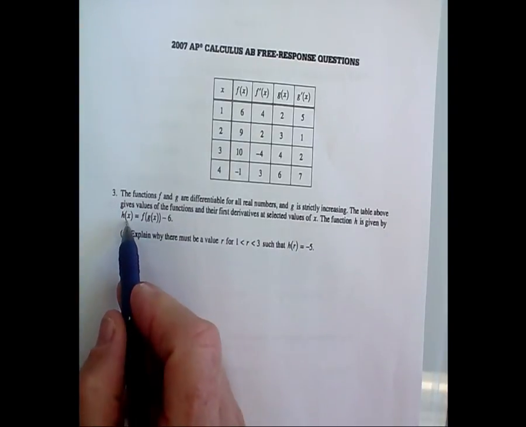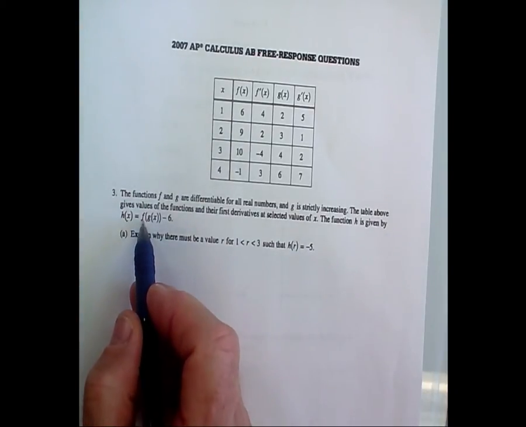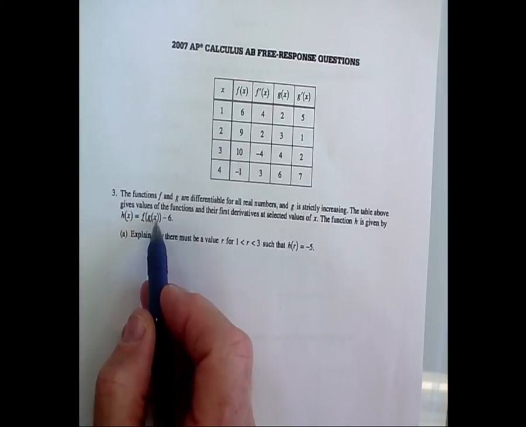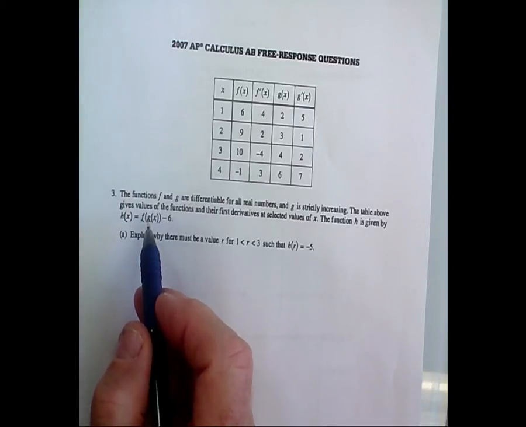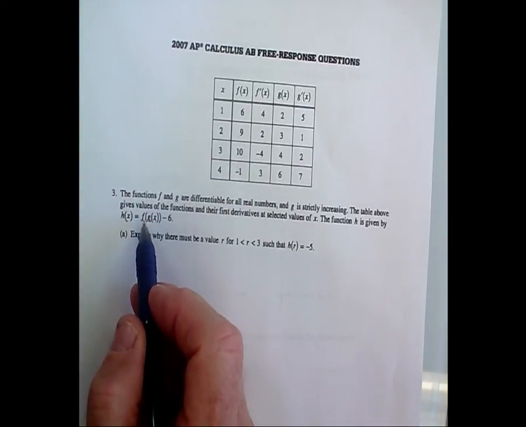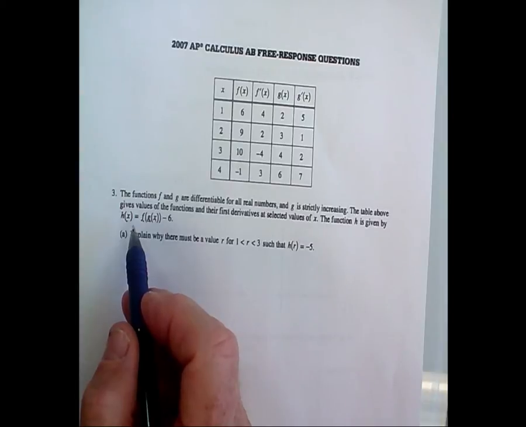So there's a function h. And it says f of g of x minus 6. That's a composition, correct? That means you put the y value of one function as the x value of the other function. Does everybody remember doing that with Mr. Karsh?